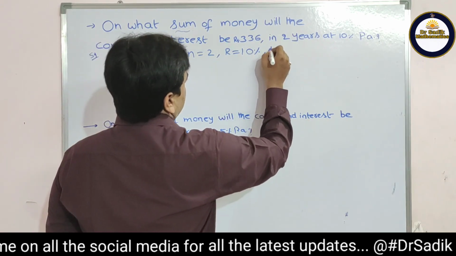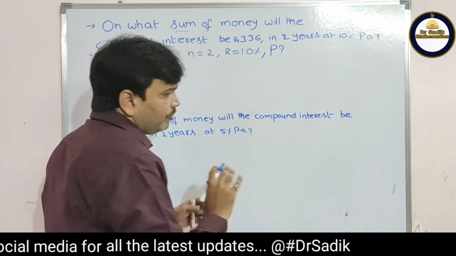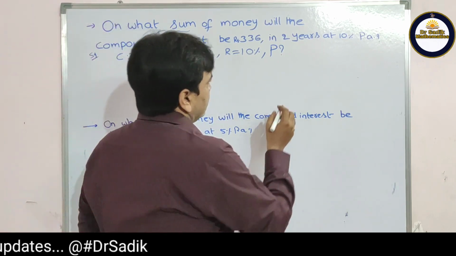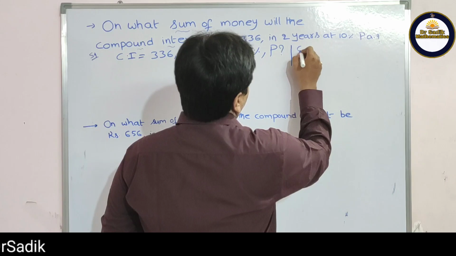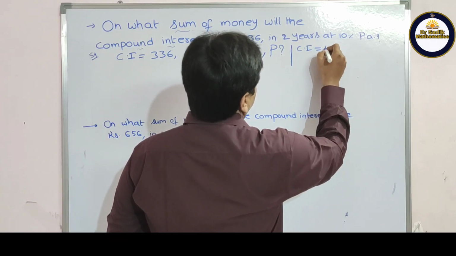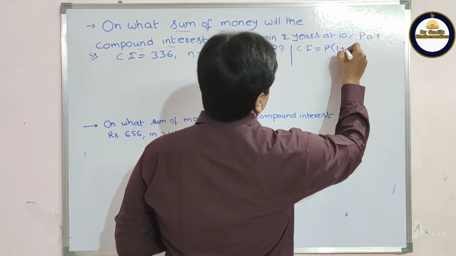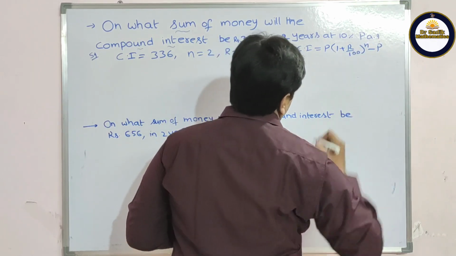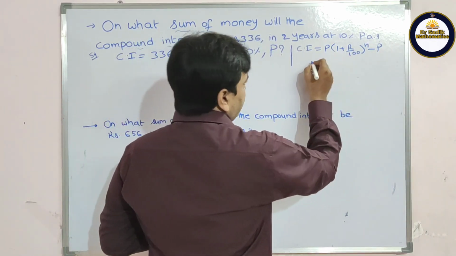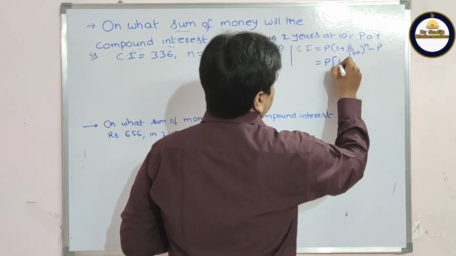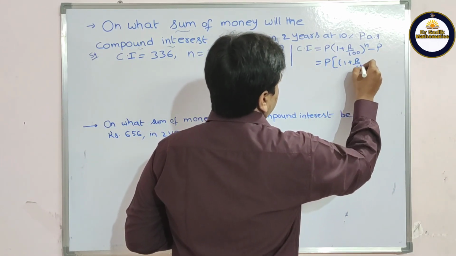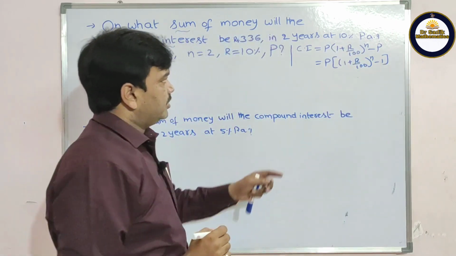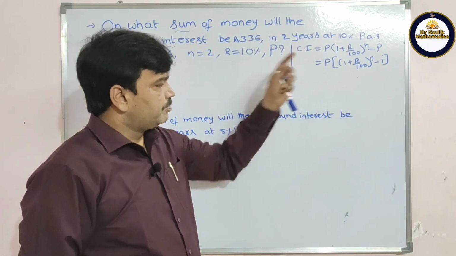Sum means capital P. We know the relation between compound interest and P: compound interest is equal to P into (1 plus R by 100) whole power n, minus P. Taking P common here, we get 1 plus R by 100 whole power n, minus 1.